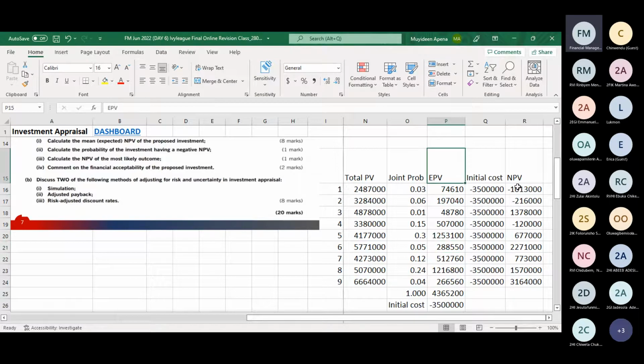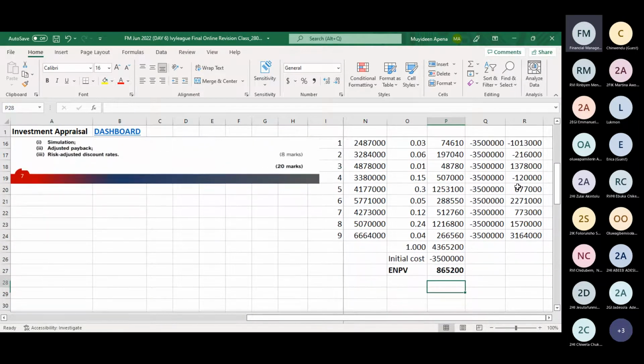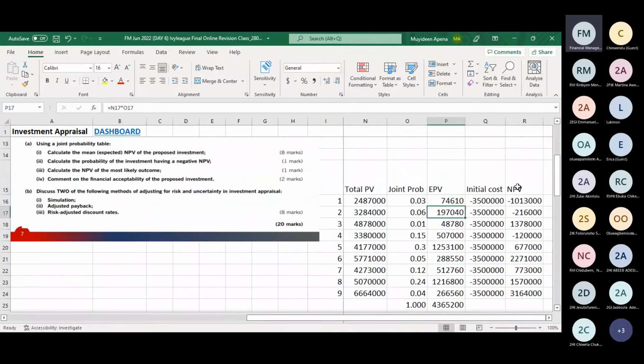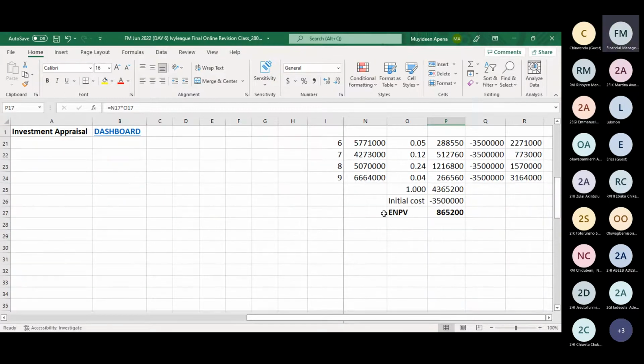We sum all the expected present values and then take out the initial cost to get expected net present value. So this expected net present value is the Roman figure 1 we are required to solve.